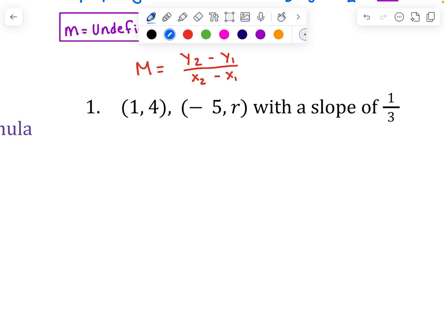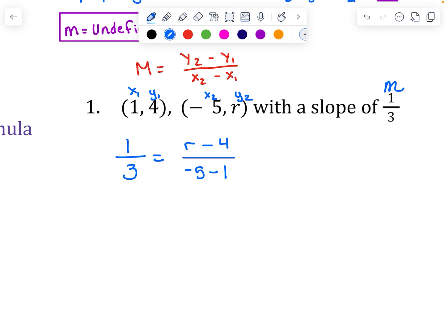So m is our slope. Here's our slope, 1 over 3. So we're going to set up 1 over 3 equals, I'll label my points, x1, y1, x2, y2. So y2 is r minus y1, which is 4, over x2, which is negative 5, minus x1, which is 1.